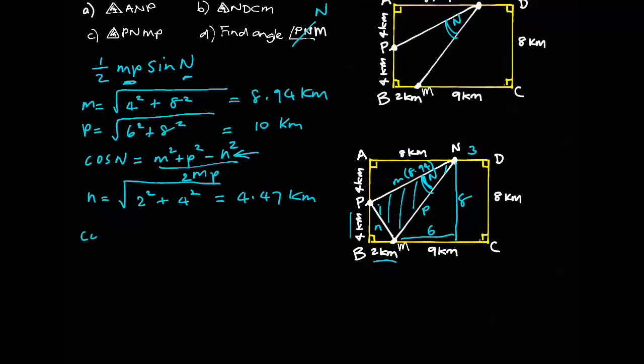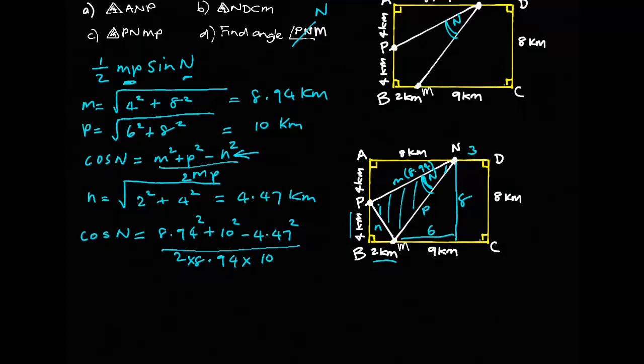So now we can put that into the cos n rule: cos n equals 8.94 squared plus 10 squared minus 4.47 squared, all on 2 times 8.94 times p, which is 10.